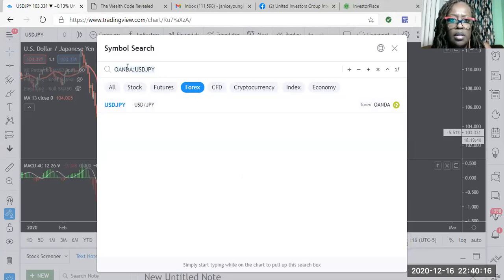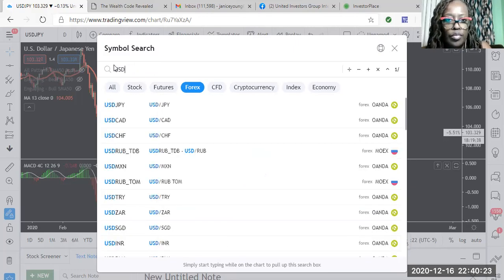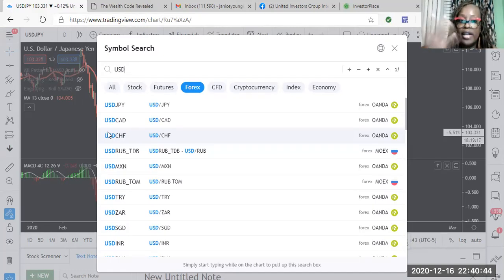Sometimes I forget. USD CAD, yep, all the USD primary, meaning USD is the first currency in the pair. It will be doing the same thing that the DXY is doing. So that's a little clue. That's why it's good to go to the DXY, so that you can get that additional confirmation of what's happening.